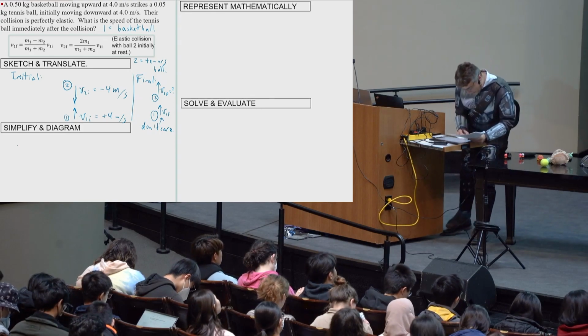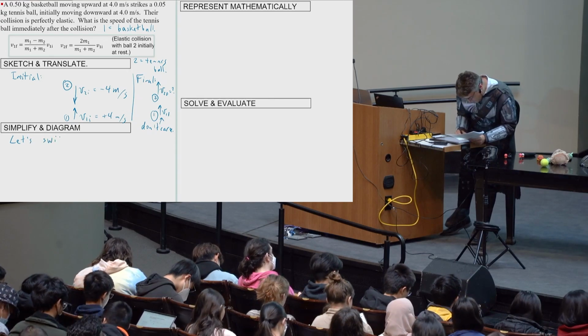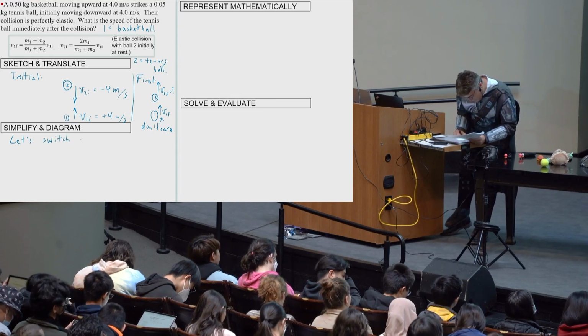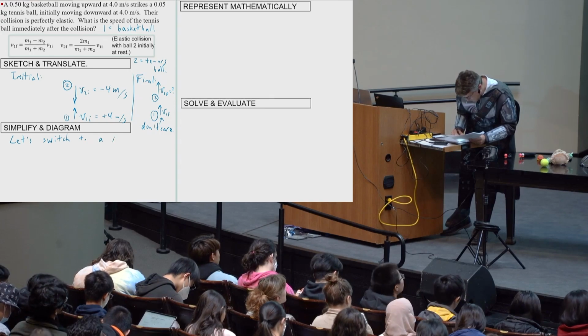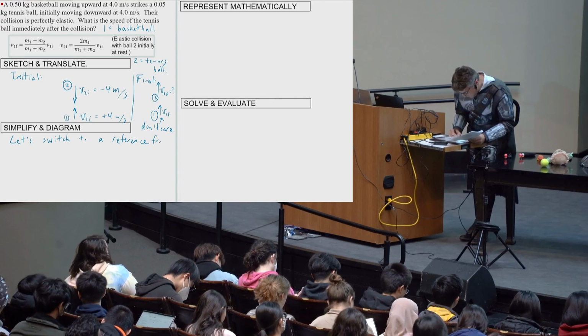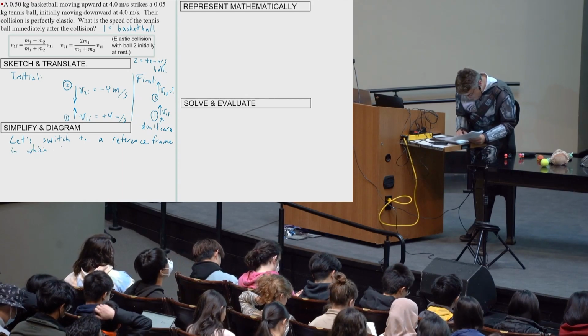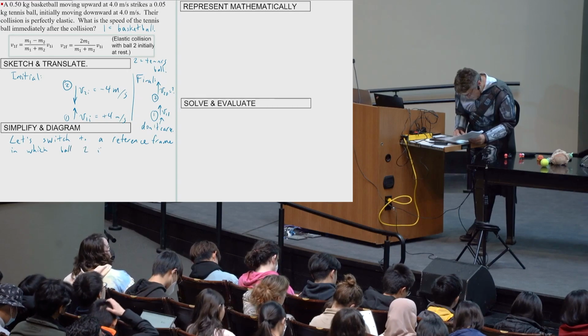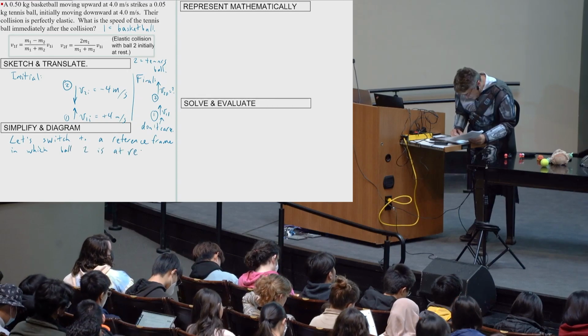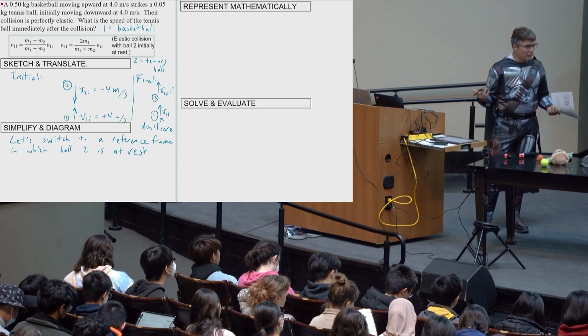But what we have to do, the trick here, is let's switch to a reference frame in which ball 2 is at rest. That's how you solve this. And then you can still apply these same exact equations because the collision still happens in whatever reference frame you're in.